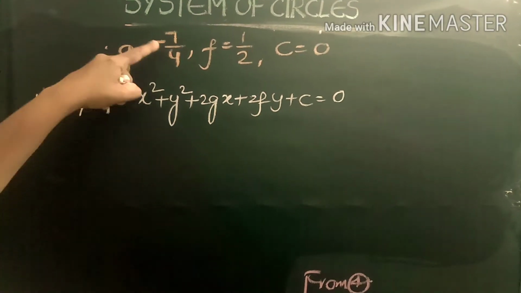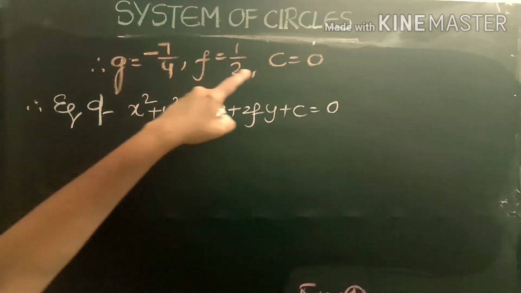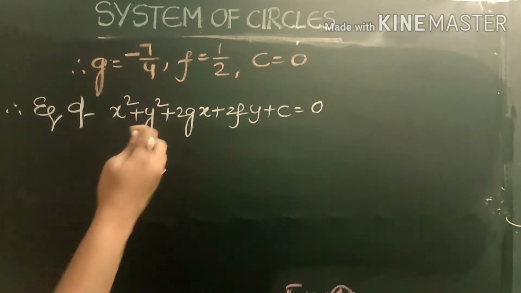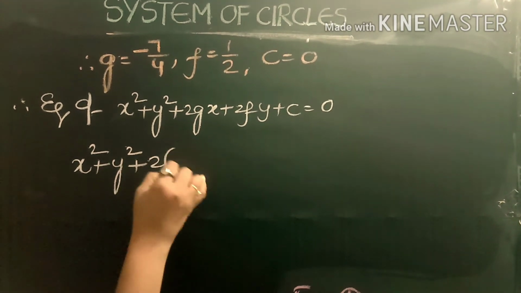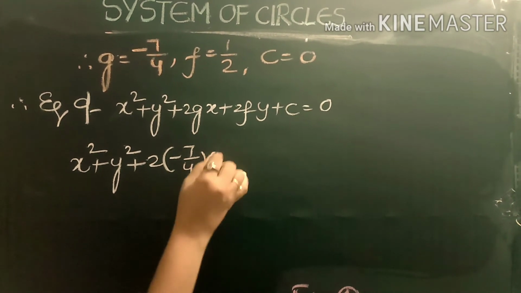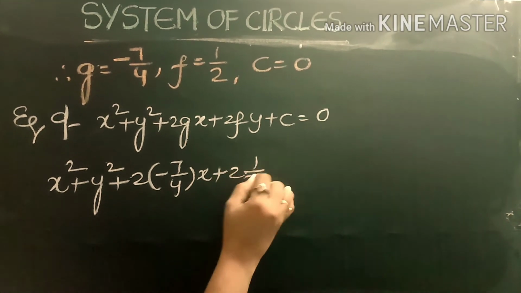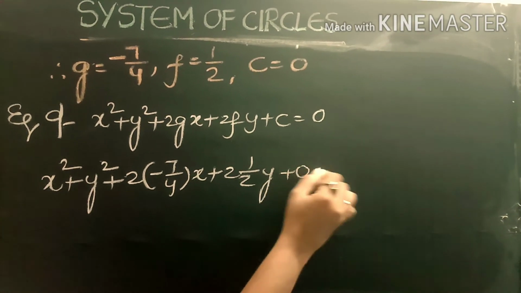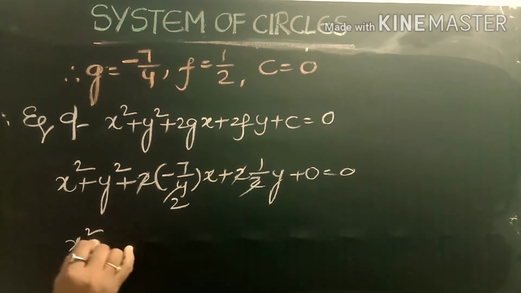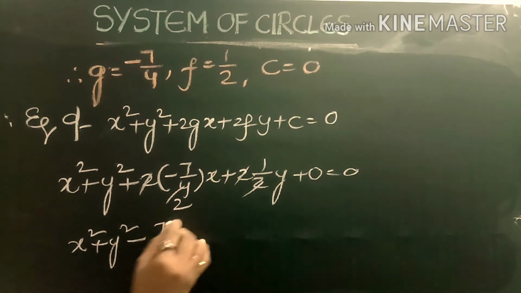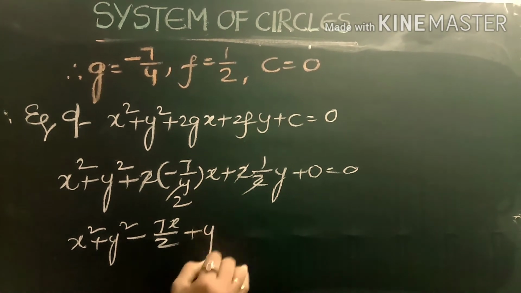Here we get g is equal to minus 7 by 4, f is equal to 1 by 2 and c is equal to 0. Now replacing these values in the circle equation. x square plus y square plus 2 into minus 7 by 4 into x plus 2 into 1 by 2 into y plus 0 equal to 0. That is, the 2 cancels. x square plus y square minus 7x by 2 plus y is equal to 0.